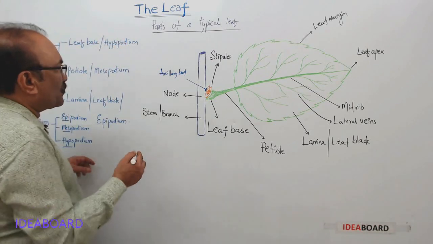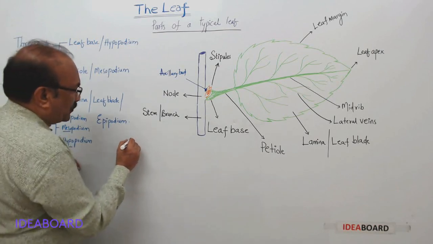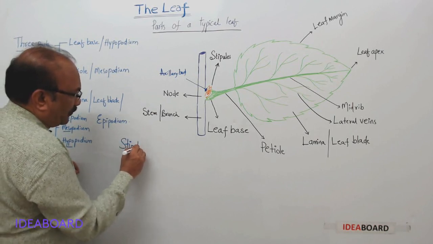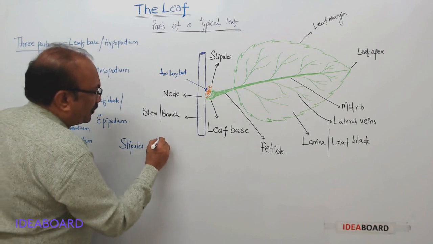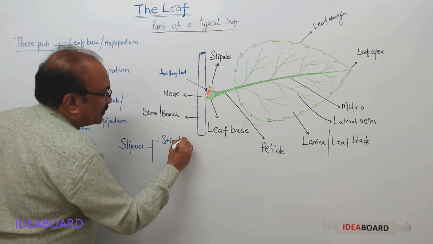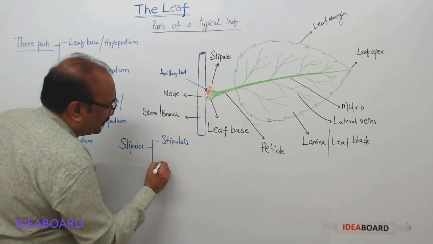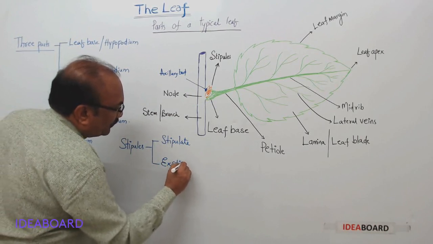So based on the presence and absence of these stipules, when they are present, we describe the leaf as what? Stipulate leaf. When stipules are absent, we call the leaf as what? Exstipulate leaf.